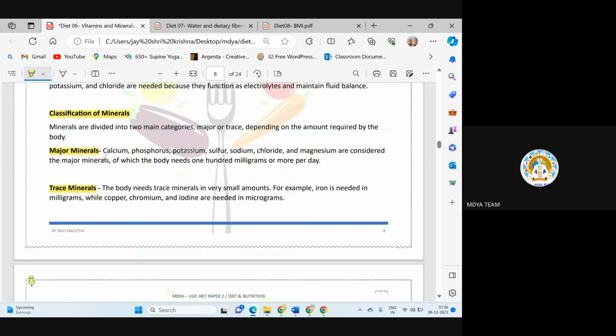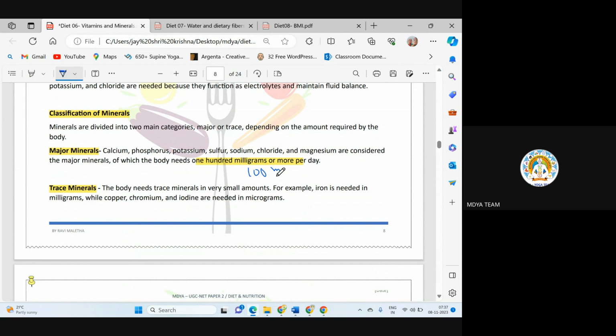So, major minerals are those minerals which our body needs around 100 milligrams or more a day, means more than 100 milligrams. If our body needs that amount of any mineral, like 100 milligrams or more per day, then that mineral is a major mineral.